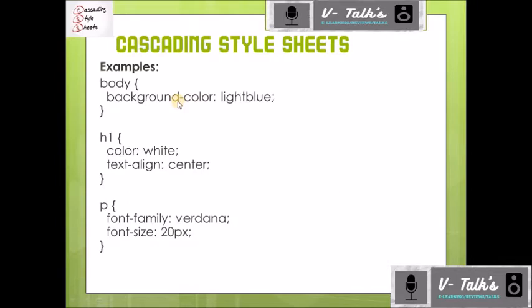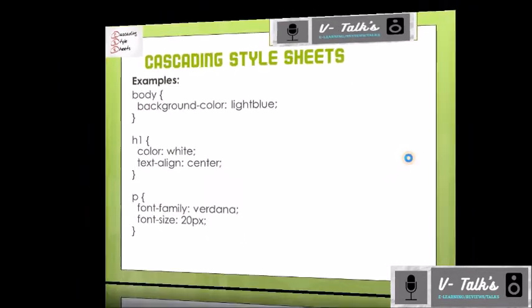And if you connect this particular CSS to your HTML page, you can see that the body color, h1 and p styles will be applied in that web page. Okay, and that same CSS file can be connected to many web pages.